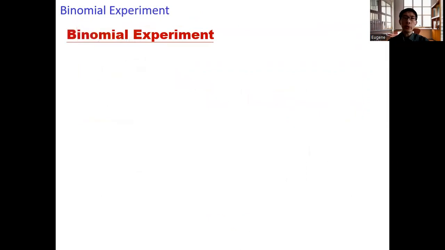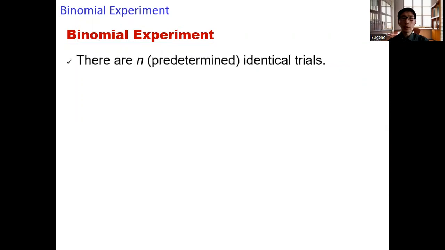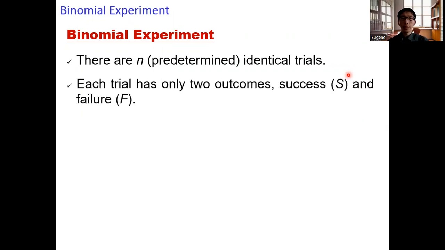What is a binomial experiment? We have 4 conditions. The first one, there are n predetermined identical trials. The number of trials is determined in advance. The second condition, each trial has only 2 outcomes, either a success or a failure.